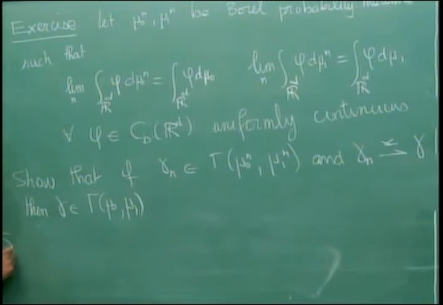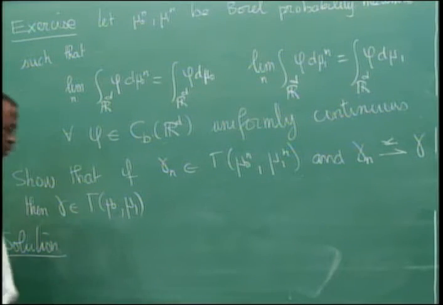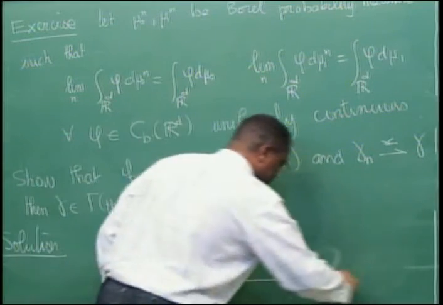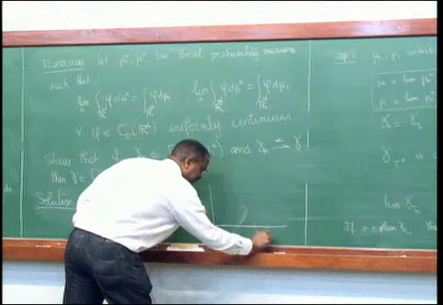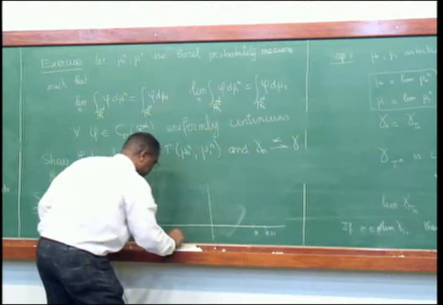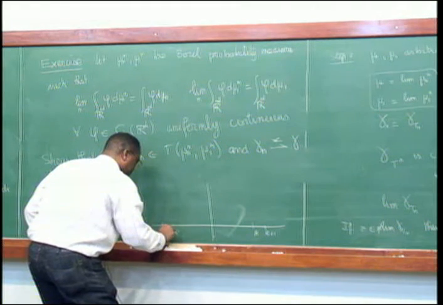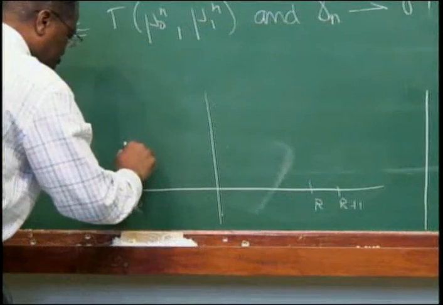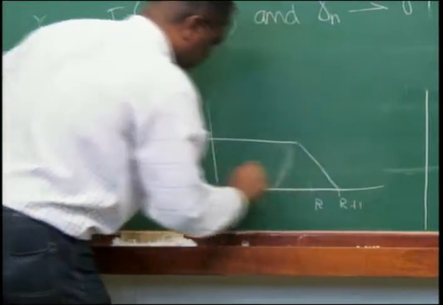Solution. The idea is always a cutoff function. I am going to take r plus 1, negative r, minus 1. And I am going to take the function which is 1 on negative r, r, and which is linear.